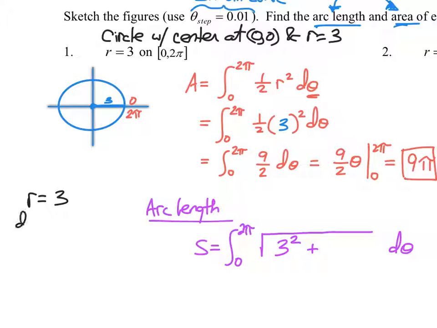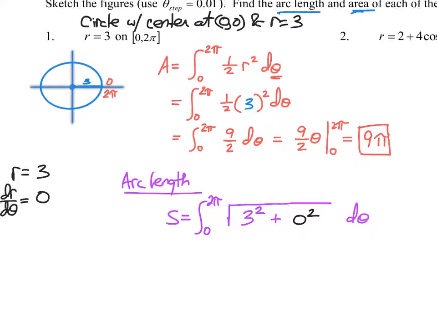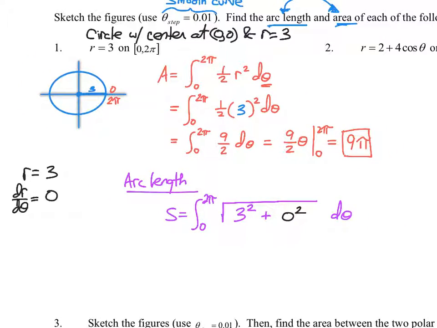So if I want dr d theta, the derivative of a constant is equal to 0, so 0 squared. Because it's really the sum of the square part of it that I want to get across, the Pythagorean relationship. It's actually pretty cool, so it's worth looking into. But I think we'll do that beginning in next class.